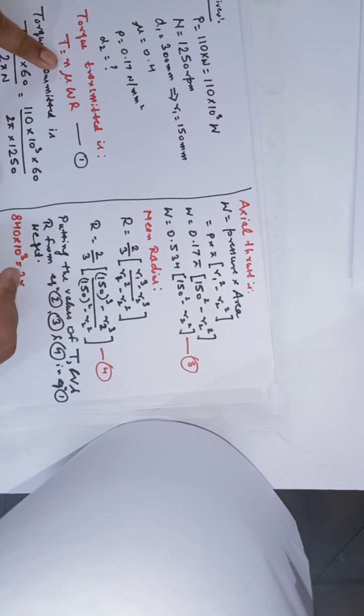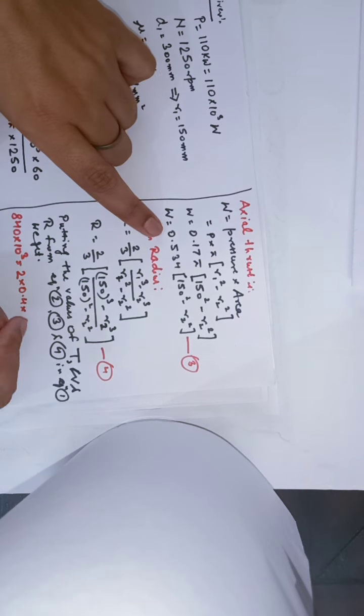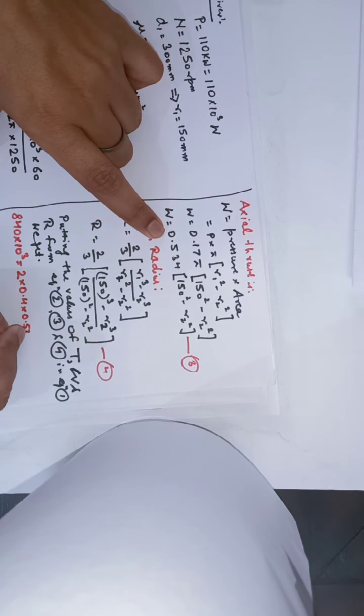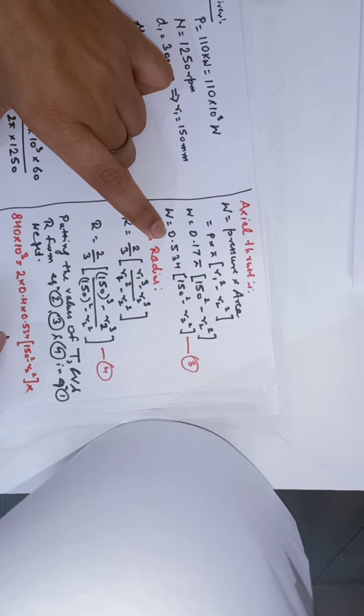Mu is 0.4. Now the value of W is 0.534 into 150 square minus R2 square, multiplied by 2 by 3 into 150 cube minus R2 cube divided by 150 square minus R2 square.